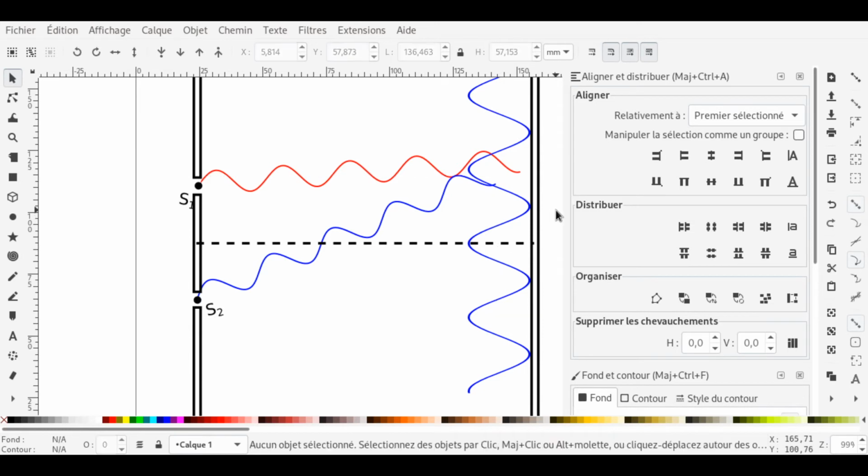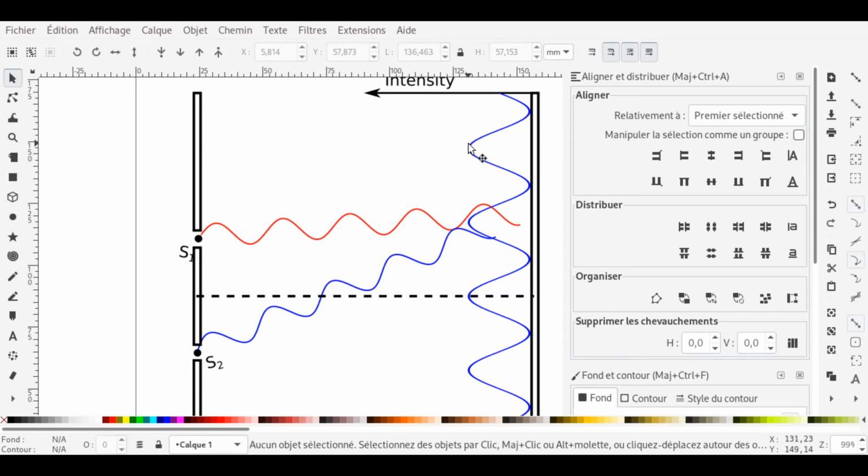Now the two waves do not have to travel the same distance. Just by geometry, the distance that this wave travels to get right here is longer than the distance this one has to travel. So there is a difference between the two distances. But since we have a constructive interference, they differ by a value of one wavelength.